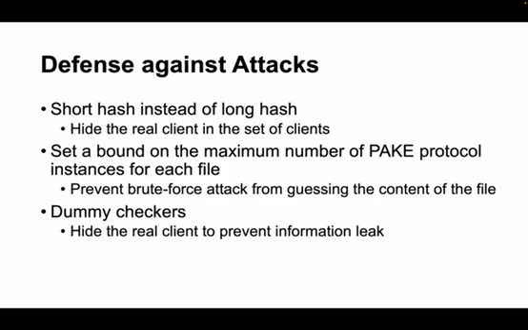Therefore, to check the existence of one particular file, the client will send a short hash instead of a long hash to the server for investigation, as a short hash has a larger probability of hash collision, hence preventing offline brute force attack. From observation, in a large-scale system, a short hash matches many files, so limited information about the uploaded file is leaked.